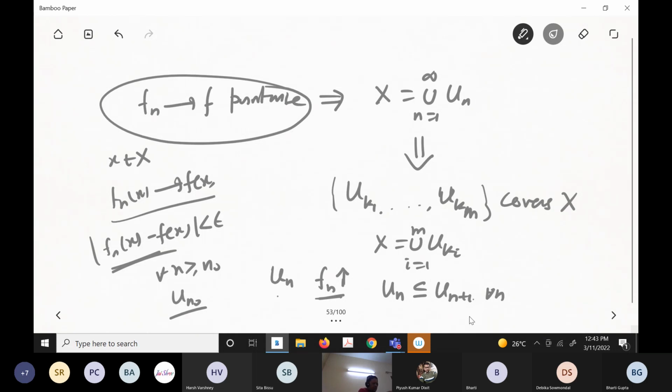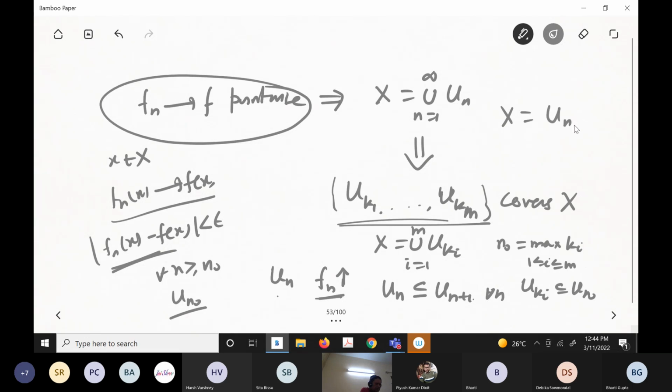So here you have finitely many. If you take n naught equal to the max of these, then each of them will be contained in U n naught, so that U_ki will be contained in U n naught. So x belongs to U n naught.